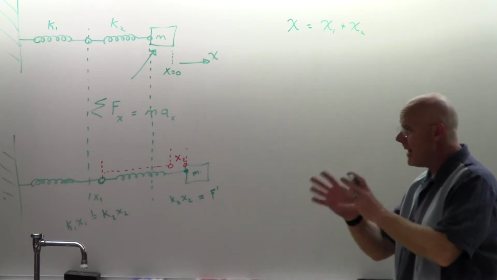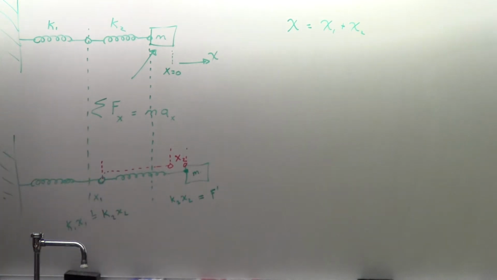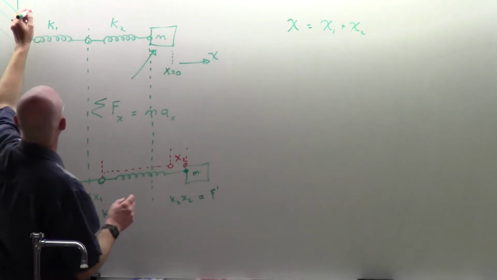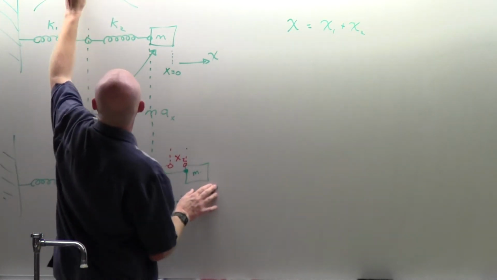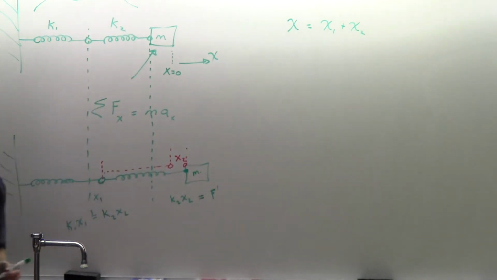Because really, my question for you, as you can see what I've done in the other two examples, is could I think of these two as being some kind of effective spring? The K's might be wildly different values.